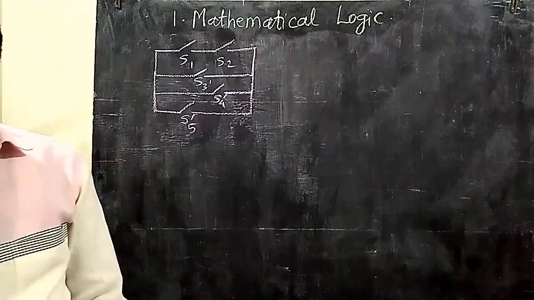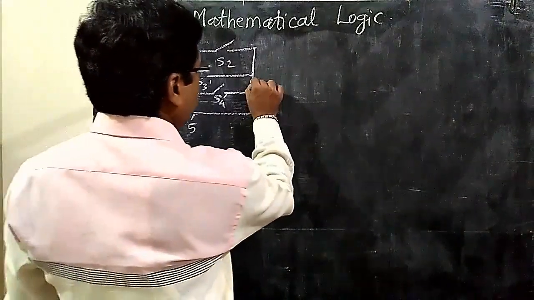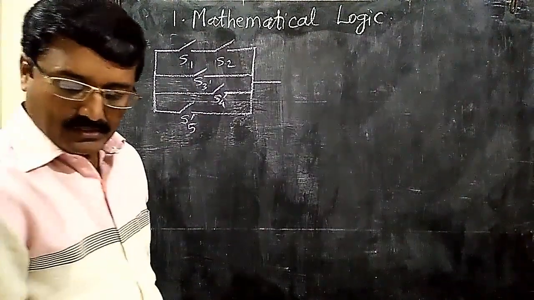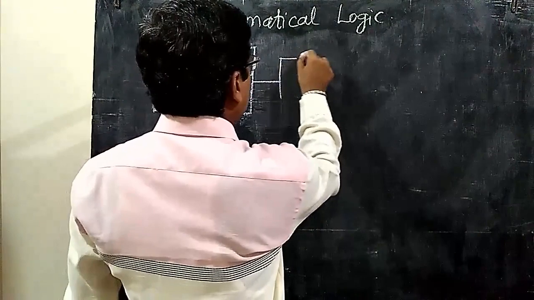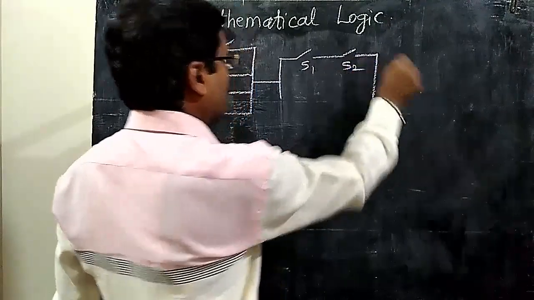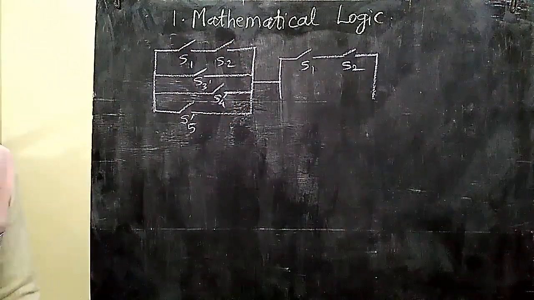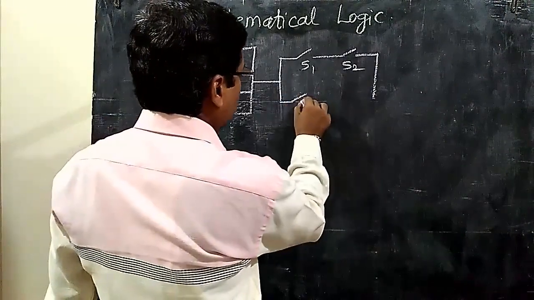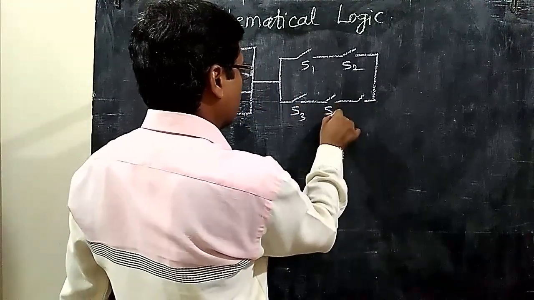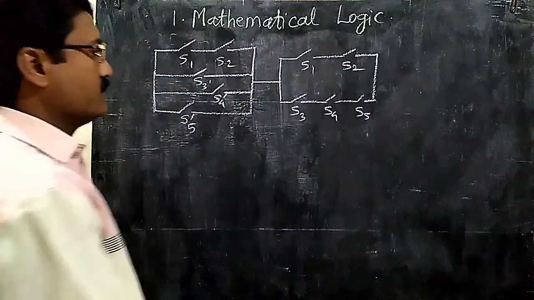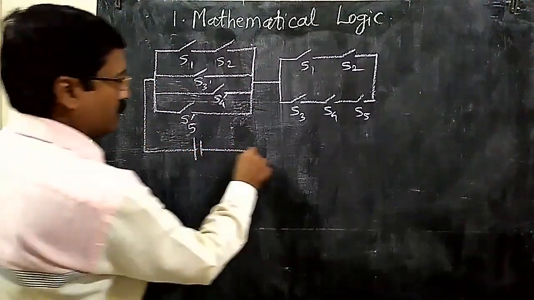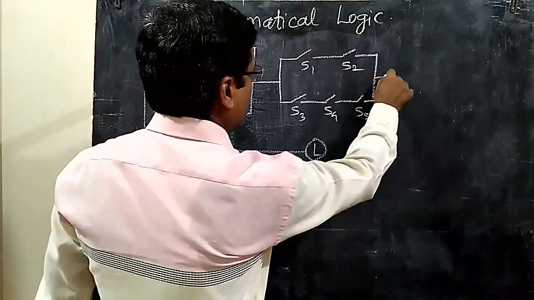In this part we have 5 switches, and this total combination of switches is connected in series with the second branch. It again contains a parallel combination of S1 and S2, and the 3 switches S3, S4 and S1 are in series here, and there is obviously one battery and lamp on board.